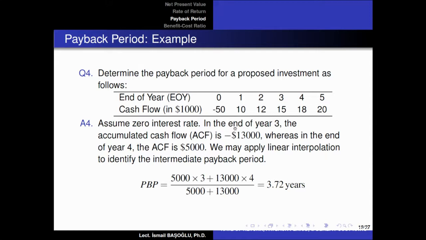And how did I calculate that minus $13,000? By calculating the accumulated cash flow up to the third year. But if you include the fourth year, you will realize that the accumulated cash flow will be equal to $5,000, which means by the end of the fourth year, you will be recovering your initial investment, plus you will additionally have $5,000 of profit.